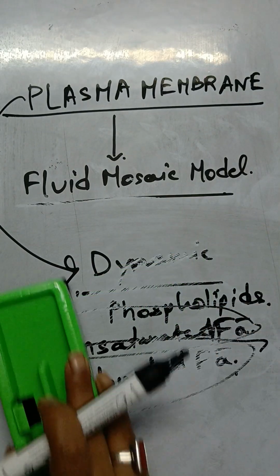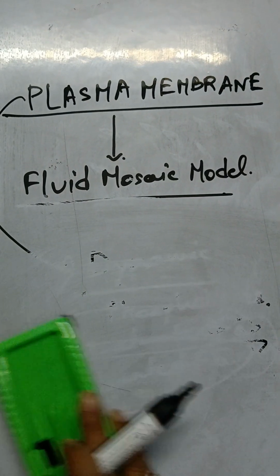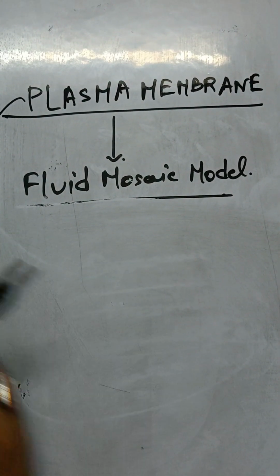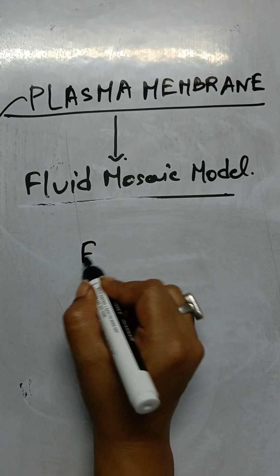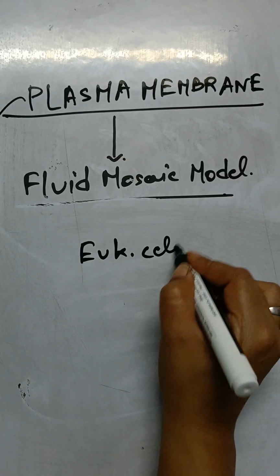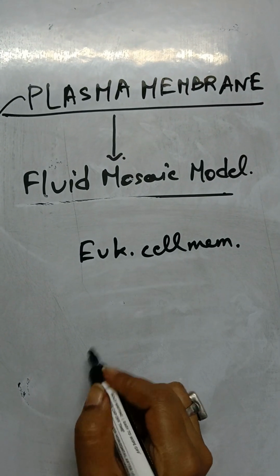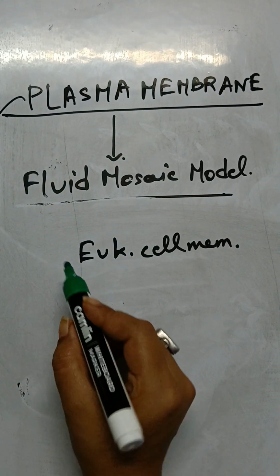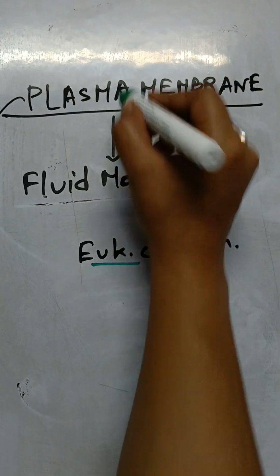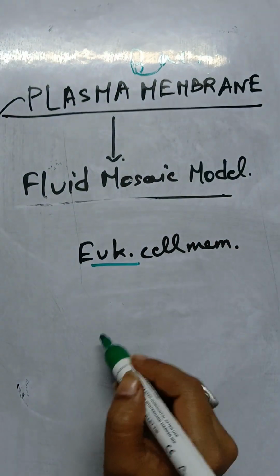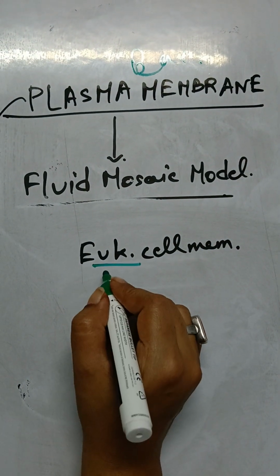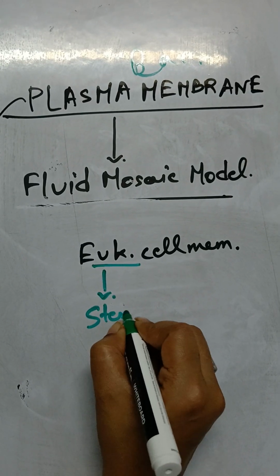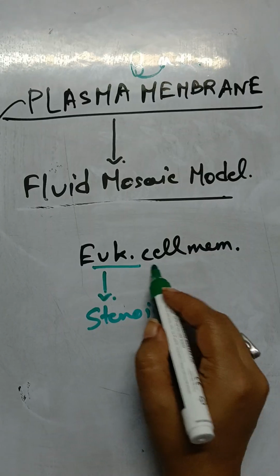Now, another important thing is that this type of structure of the bacterial cell membrane is very much similar to the eukaryotic cell membrane. But one major dissimilarity between the eukaryotic and the bacterial cell membrane is what? The eukaryotic cell always contains steroids in their membrane.